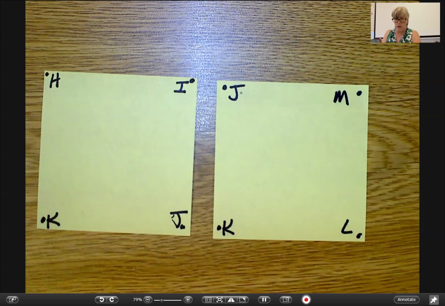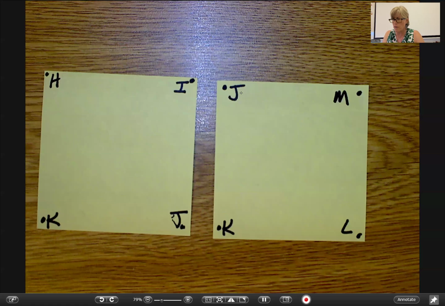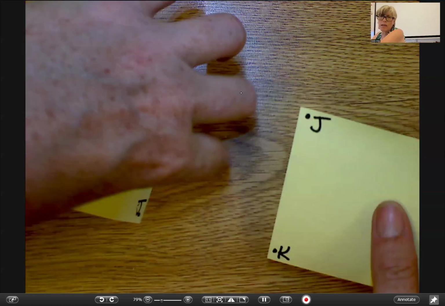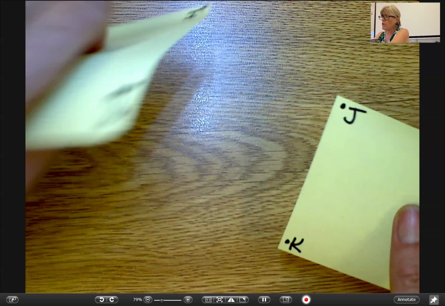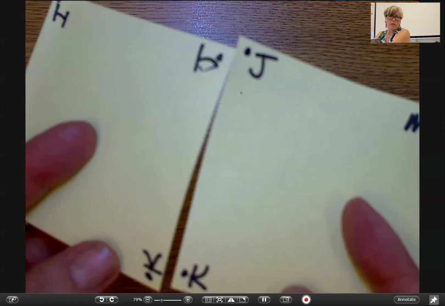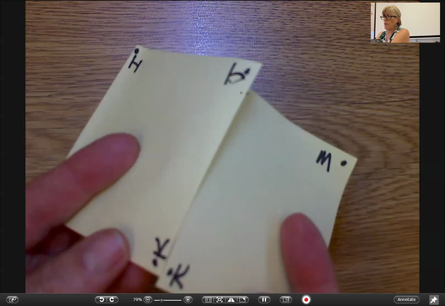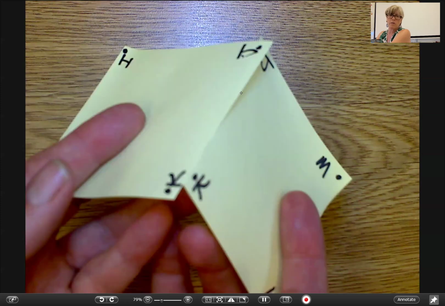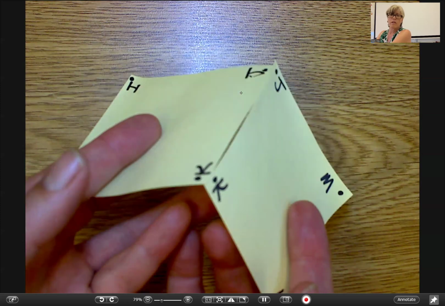All right, same letter, same point. How can I have these intersecting? Well, it is because you're going into 3 dimensions. Watch HIJK, JKLM. See these 2 guys? The K and the J are going to meet, and we're actually going to be drawing in 3 dimensions.